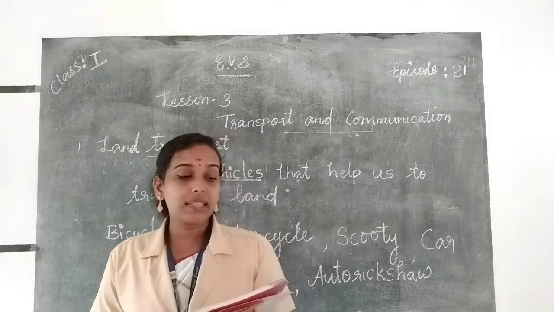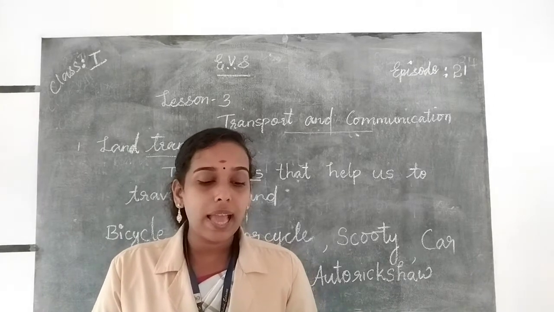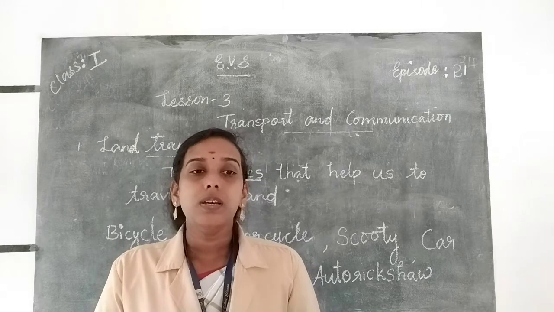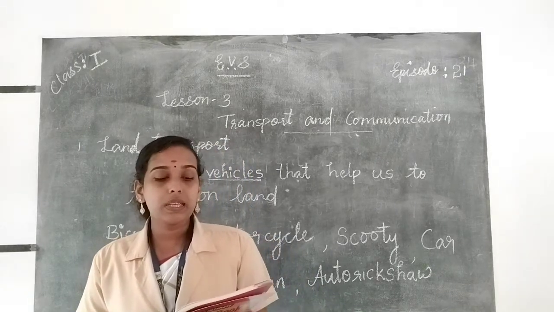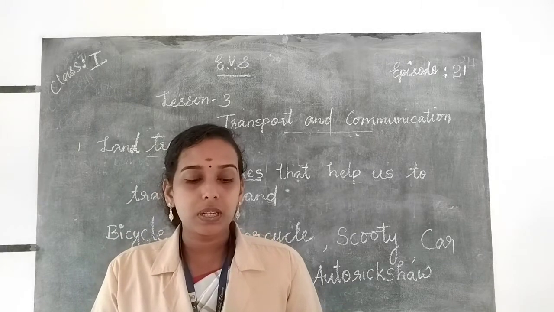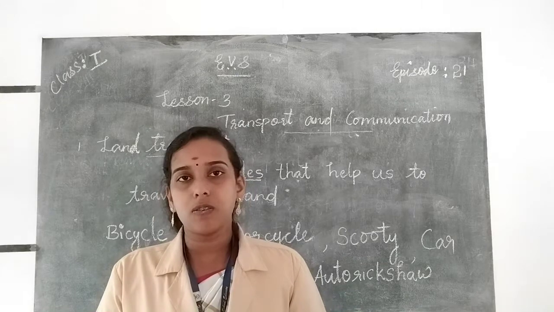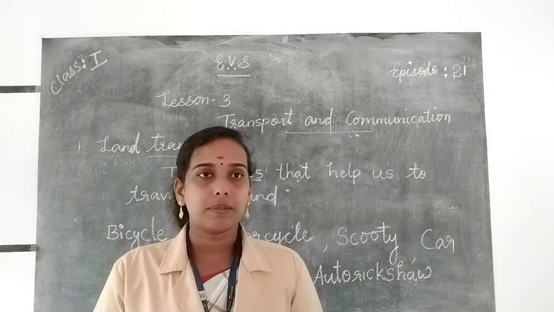The vehicles that help us to travel on land are called the means of land transport. So look at your textbook. Look at the following means of land transport which are found on roads. So the land transport are found on roads because they help us to travel on land.